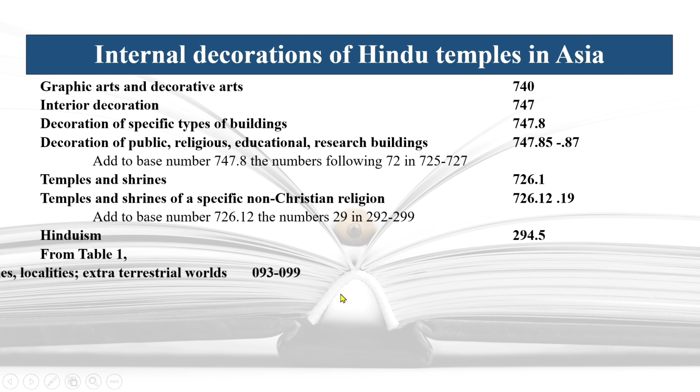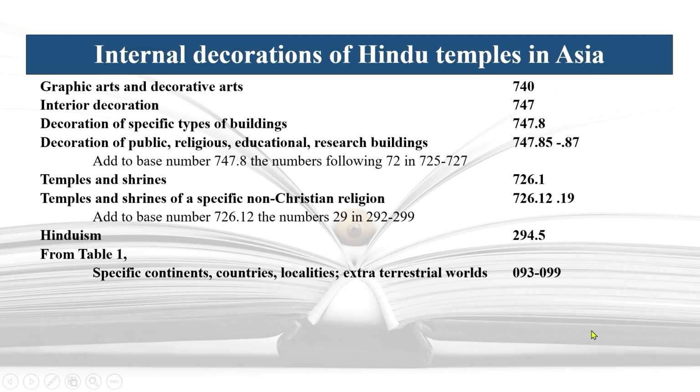From there we go to 093 to 099 for specific continents, countries, localities and extraterrestrial worlds. From there we get the add instruction to go to Table 2, and you know that Asia is 5 in Table 2.